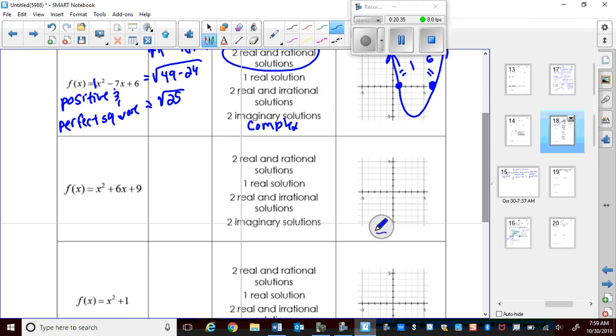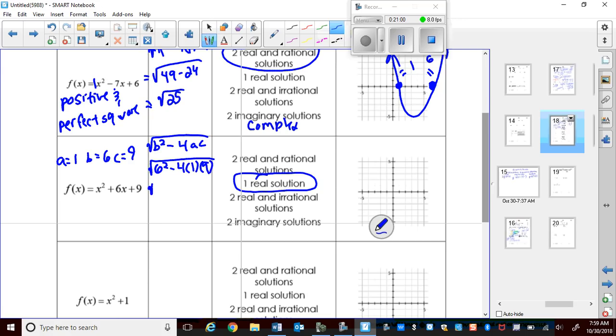Now, the next one, we're going to produce one real solution. This is where you get 0 inside of the discriminant. So here, a equals 1, b equals 6, c equals 9. I get the square root of b squared minus 4ac, or the square root of 6 squared minus 4 times 1 times 9.